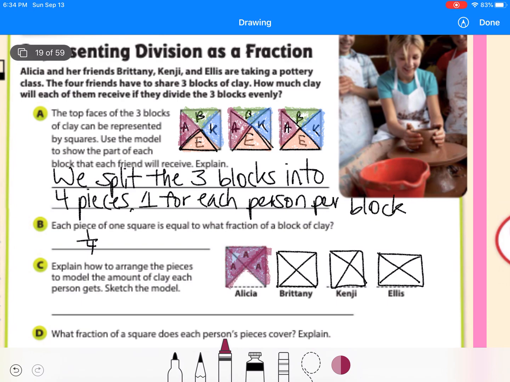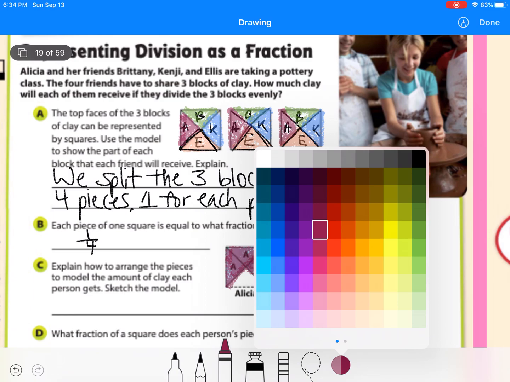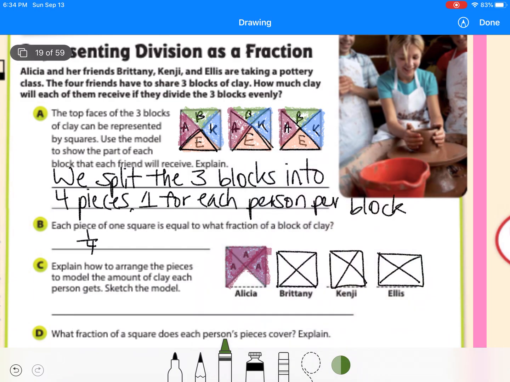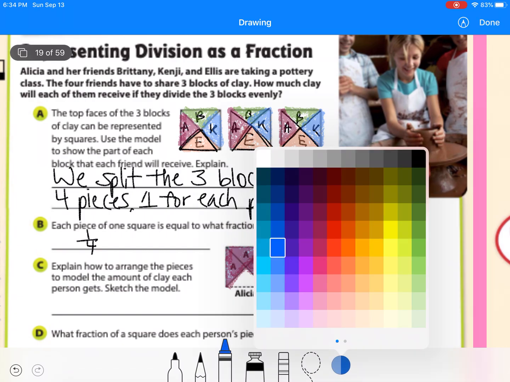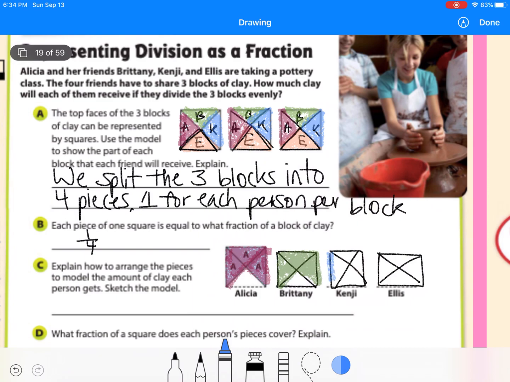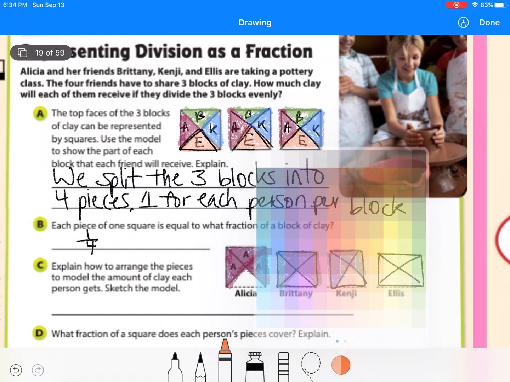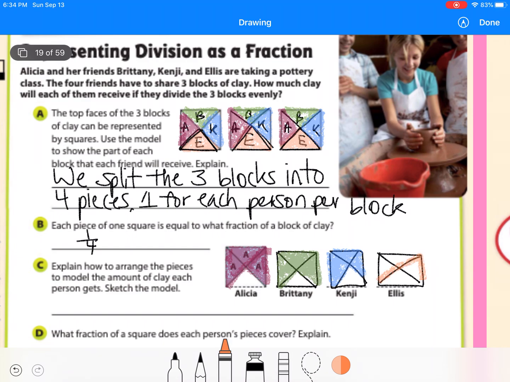She gets all the purples from those blocks. So if we took out each purple, that's where they'd go. So if Brittany's green, then Brittany gets all 3 of her pieces put over here. And then Kenji's blue, he gets all 3 of his pieces. And then Ellis gets all 3 of her pieces.